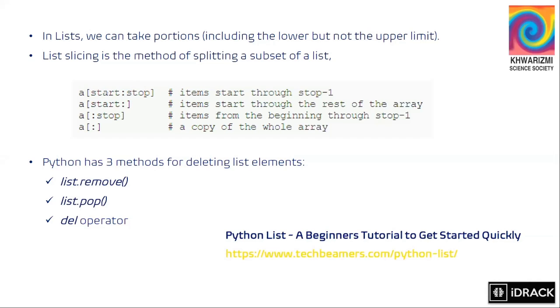So for example, if you had a 0 to 10, it's actually going to give you the items from the first in the list to 10 minus 1 index, which means essentially the 10th item, but the 9th index. And if you want from a certain start position to the end of the list, wherever it goes to, this is what you use.